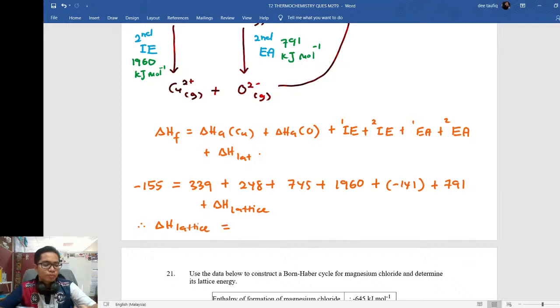Tekanlah calculator. Negative 155 equal 339 plus 248 plus 745 plus 1964 minus 141 plus 791 plus X. So nilai X saya dapat negative 4097, negative 4097 unit kilojoule mole minus 1.